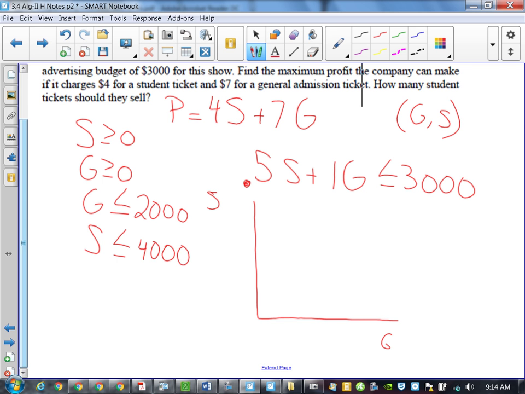Vertical line at 2,000, horizontal line at 4,000. 2,000 and 0. And they're moving inward.